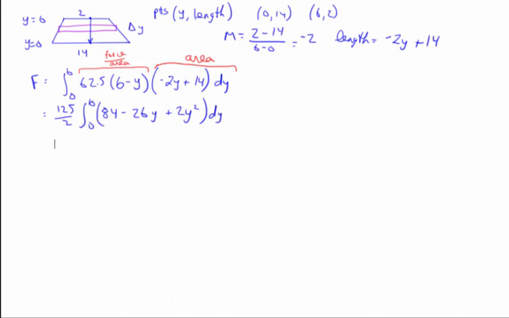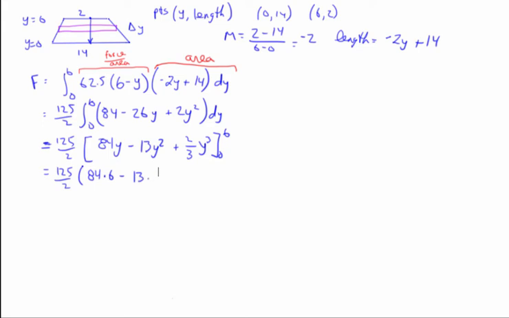So now we have 125 over 2, and then 84y minus 13y squared plus 2/3 y cubed. And we just have to plug everything in. 125 over 2 times 84 times 6 minus 13 times 6 squared plus 2/3 times 6 cubed. Minus, we plug in 0, we get 0.